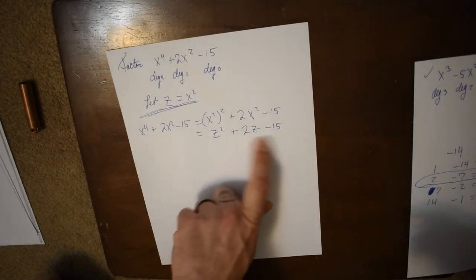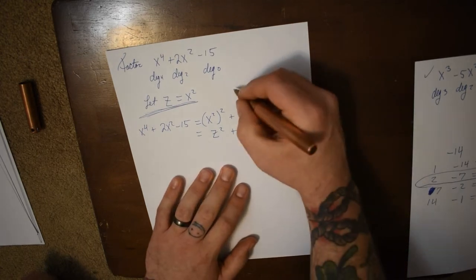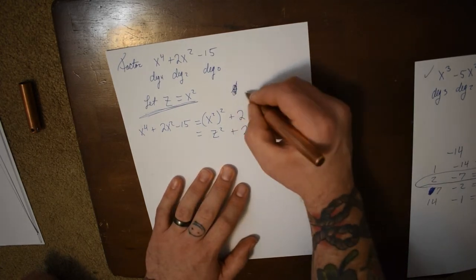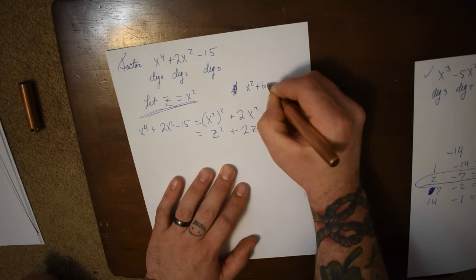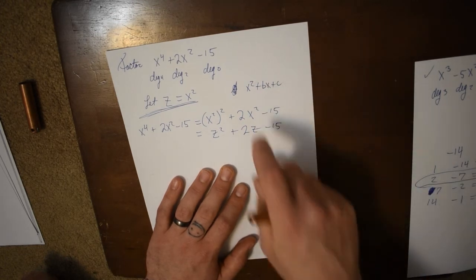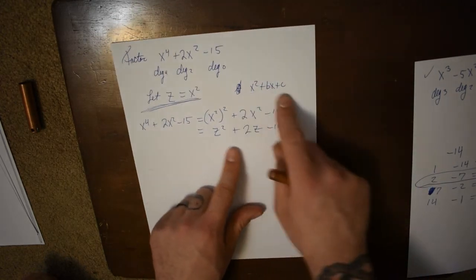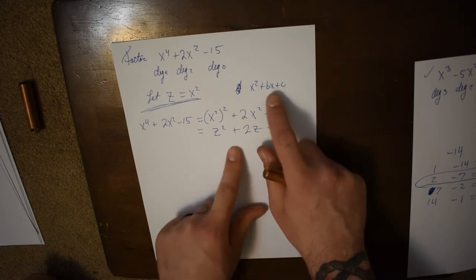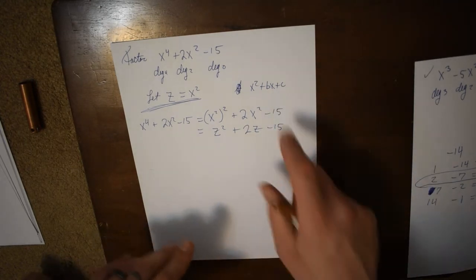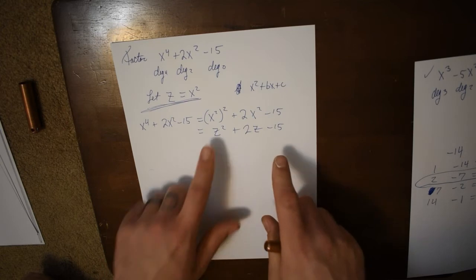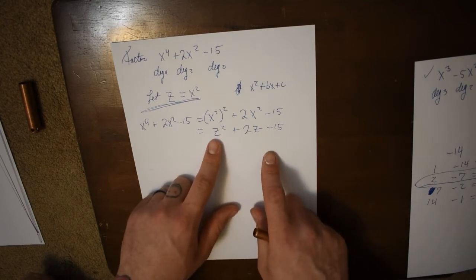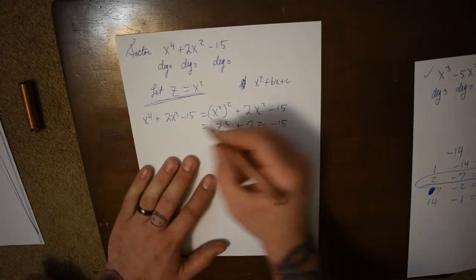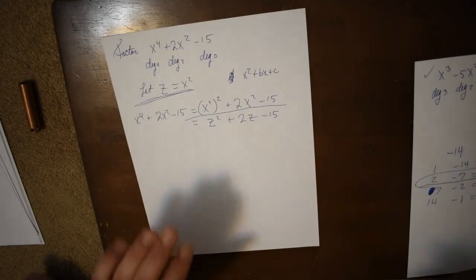And now we have something in the form that we've been working with, x squared plus bx plus c. We've got a leading coefficient of 1, a constant term, and these x terms. So we're going to do the process that we have with this trinomial here.